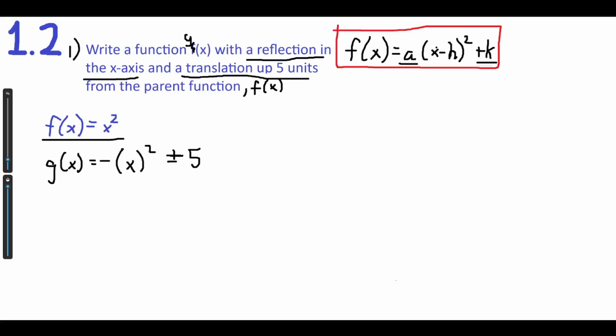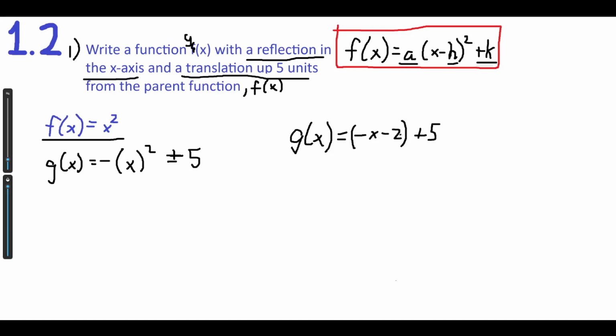Now, something important to keep in mind: if you were, say, translating it to the right 2 units, it would be h. So you would do g of x, let's just do the same thing, equals negative x squared, x minus 2, because you're going to the right, plus 5.